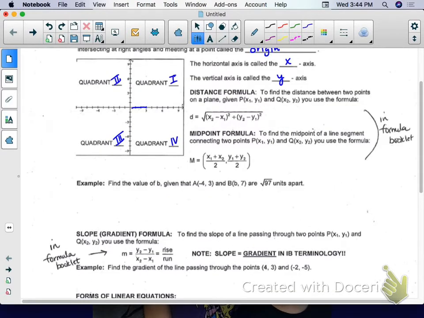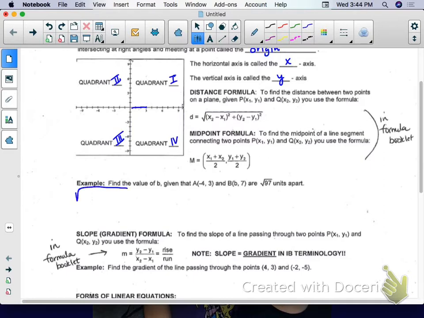Well, what they've done here is they've given you your distance, and they've given you a point, but you're missing a letter. So we're going to pretend like we're finding the distance, except that we already know what the distance is, and we'll solve our equation from there. So, using the formula up above would look something like this.